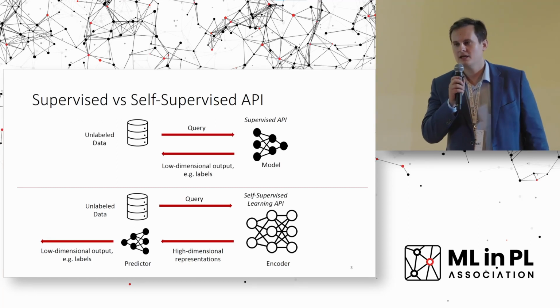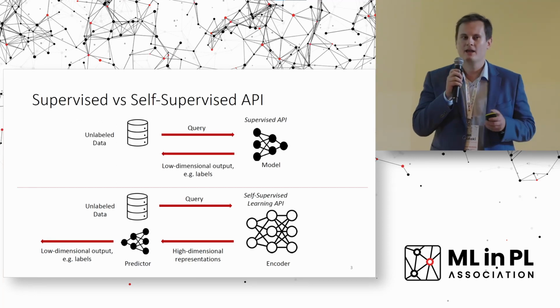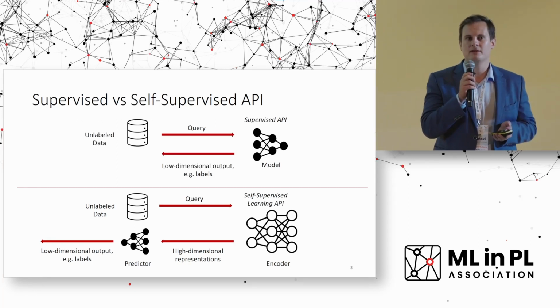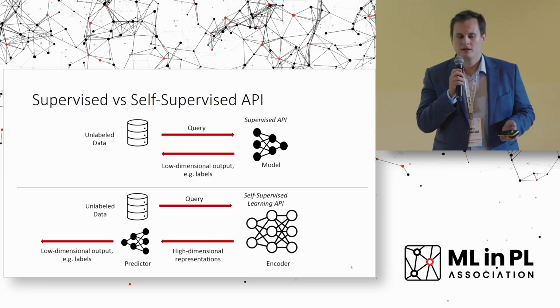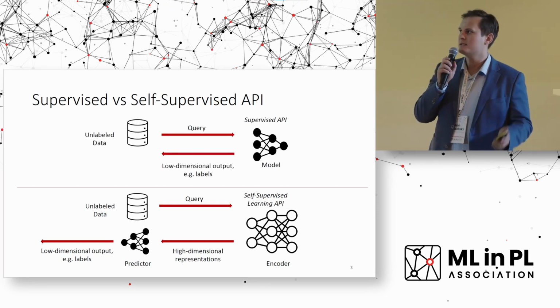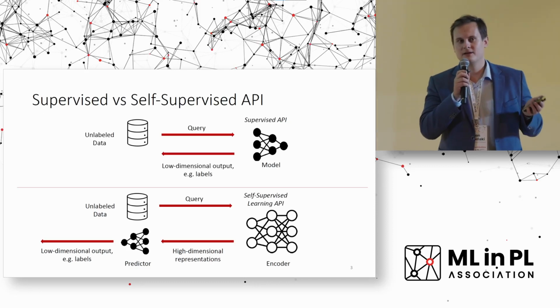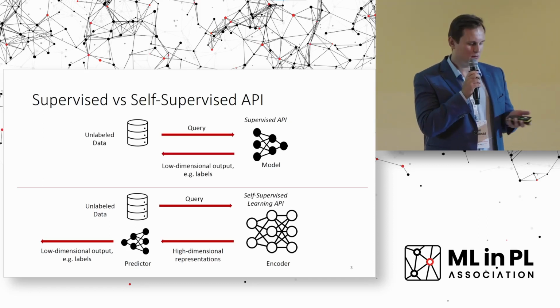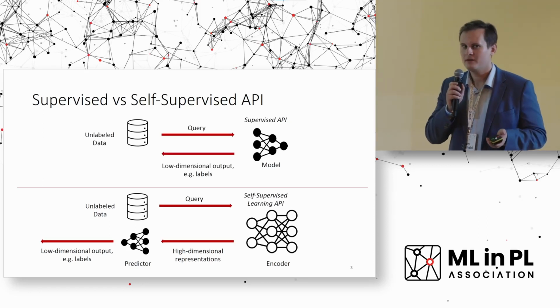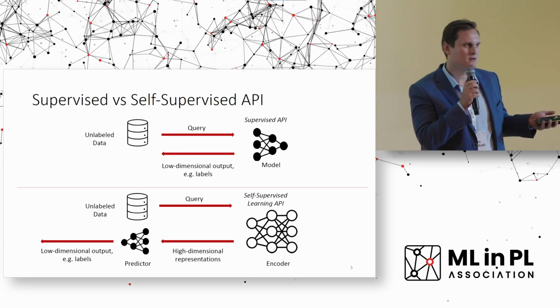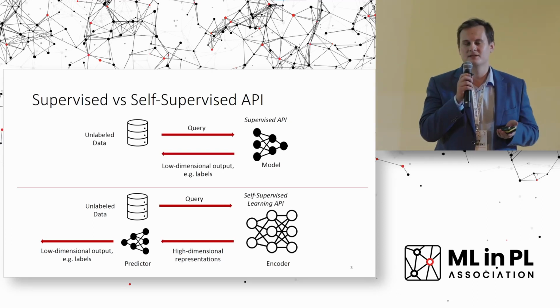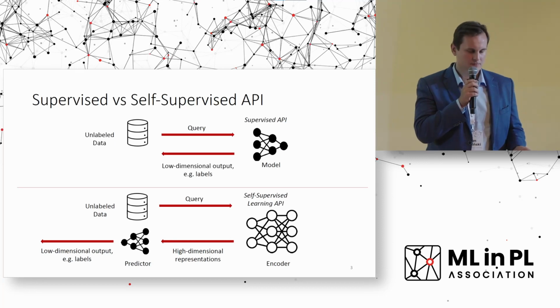So in the case of an encoder model available through an API, the mechanism is the following. A user sends a query to the server, for example, an image from which they want to extract important features.